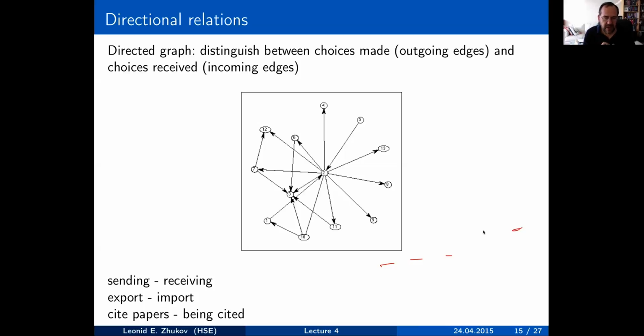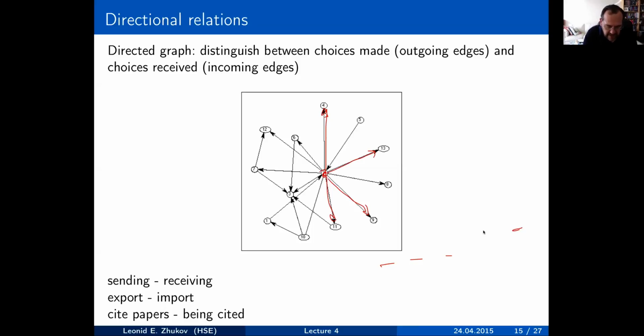So my emails that I'm sending out will be outgoing edges from the node. Let's say we take node number 2, and there are some outgoing edges here. Now the choices I haven't made but that are received, the choices received, are the edges that come towards me from other nodes.